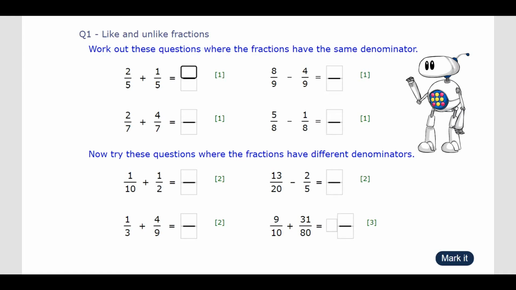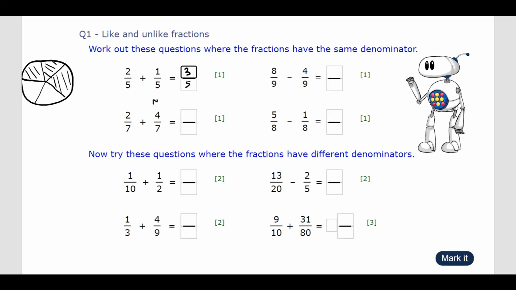Well, we can simply think of that like this. You can imagine you have a pizza cut into 5 equal pieces. As shown, 2/5 represents 2 pieces out of the 5, and then the extra 1/5 is another fifth, another slice, and we can see that I've shaded in 3 out of 5, so the answer would simply be 3/5.